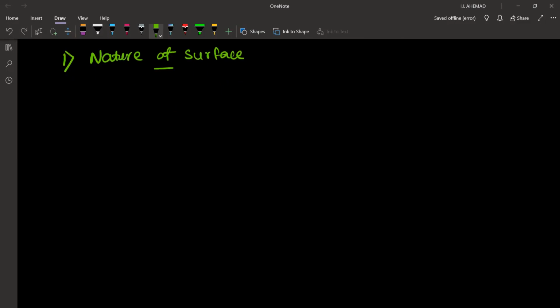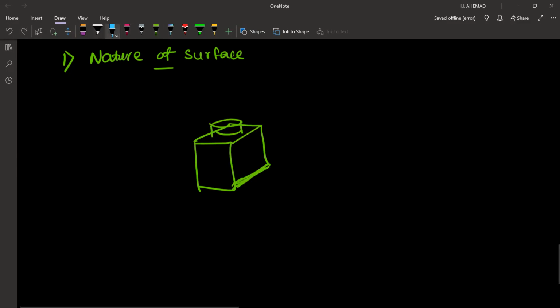Now let's say this is our Leslie's cube. You don't need to draw this. In this Leslie's cube, as we discussed previously, we have different surfaces. This surface is different from the surface on this side.